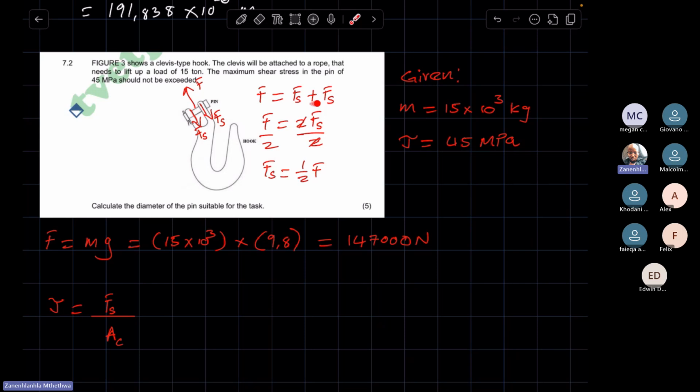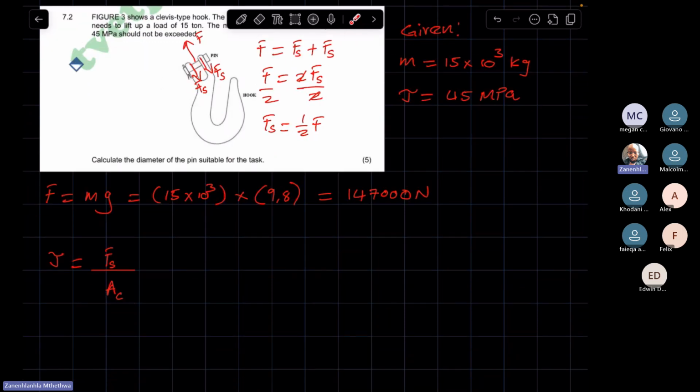Right. So to get the area of the diameter of the pin, seeing that we are using the shearing stress, we know that shearing stress is equal to shearing force over the area of cut.